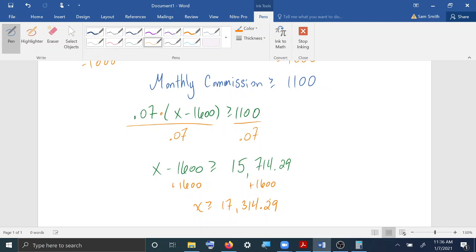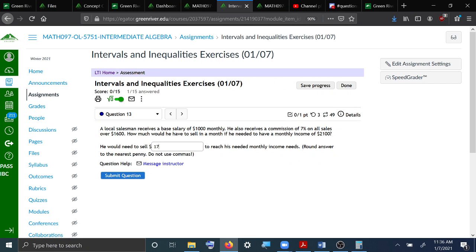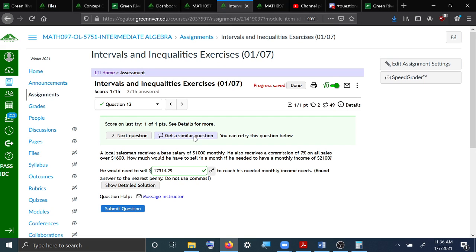Let us hope that this individual is selling something like boats or cars, where it's feasible to actually sell this rather large amount of money. Now, in terms of the question's directions, it says round the answer to the nearest penny and do not use commas. So I would go ahead and type in 17314.29, and there you have it.